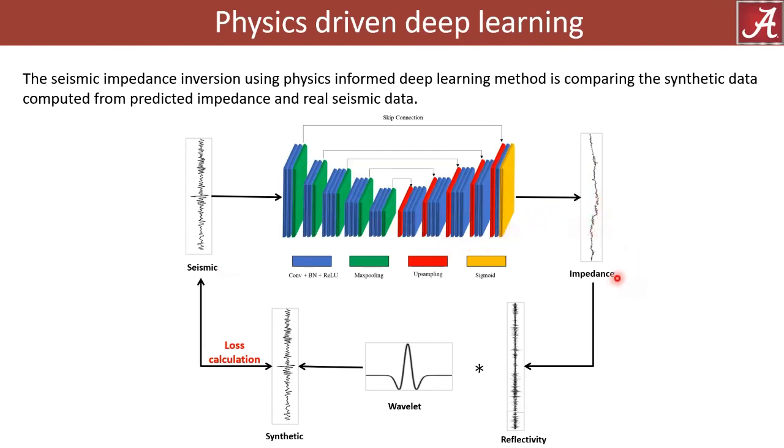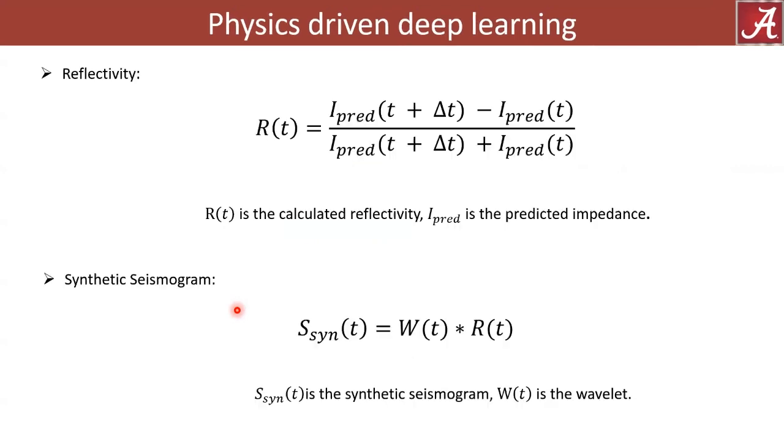Then we calculate the reflectivity based on the predicted impedance, convolve it with a wavelet and generate a synthetic trace. We then calculate the loss between the synthetic data and real seismic, and minimize the difference to get the final well-trained model.